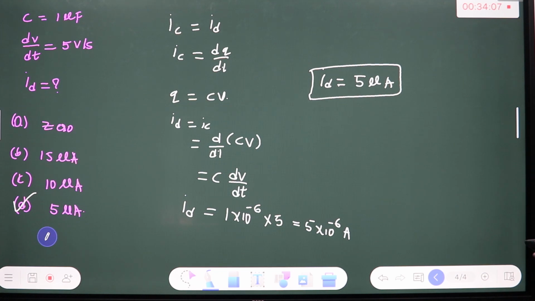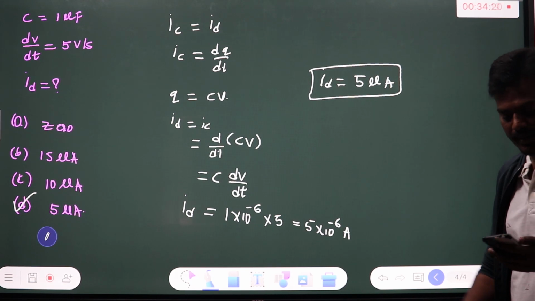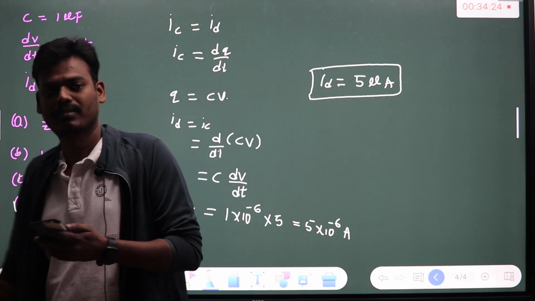Now next question. Try to solve it on your own. Let's see how many of you are able to solve it. Question is, a capacitor has been charged by a DC source.